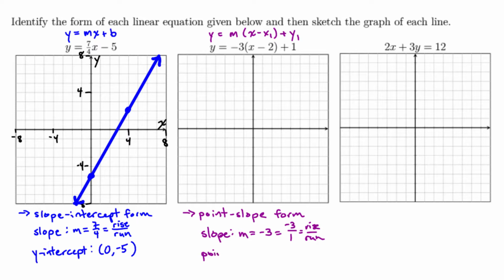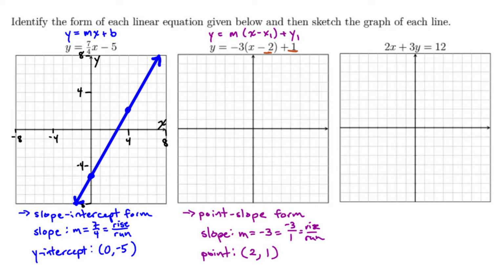A point on this line that we can identify right out of that equation is going to be the coordinates for that x1 and y1. So we see that we have x minus 2, and then we're adding 1 onto the end. So the point that we can identify out of there is going to be the point 2, 1. We have 2 subtracted from that x, we have 1 added onto the end. So just based on that form, we can identify that this line contains the point 2, 1.